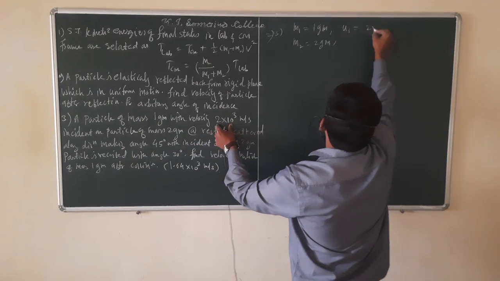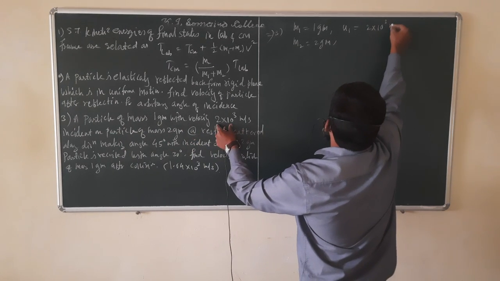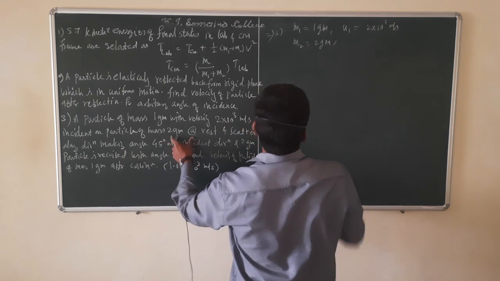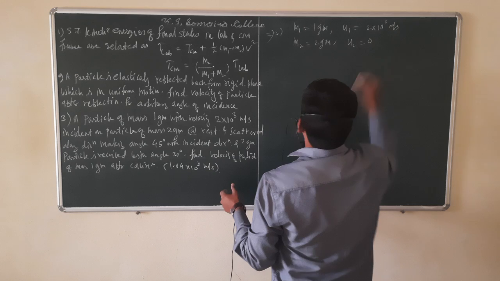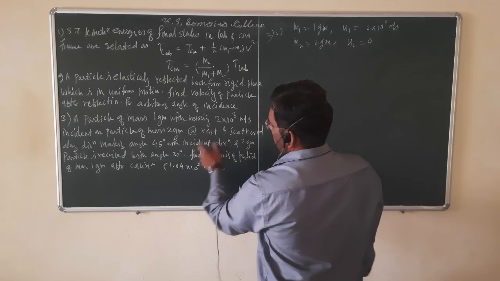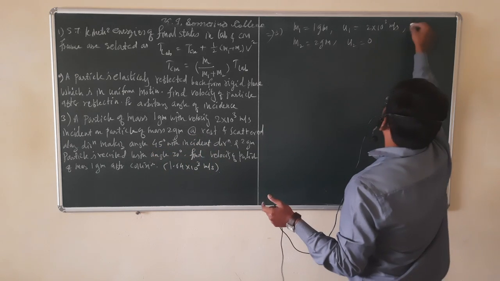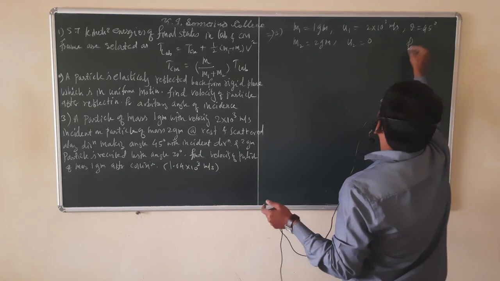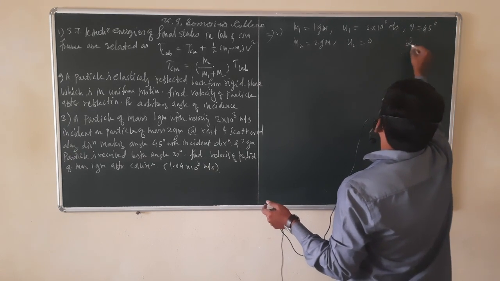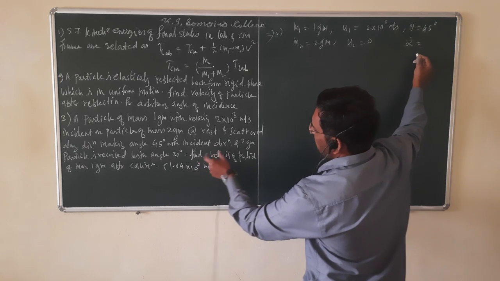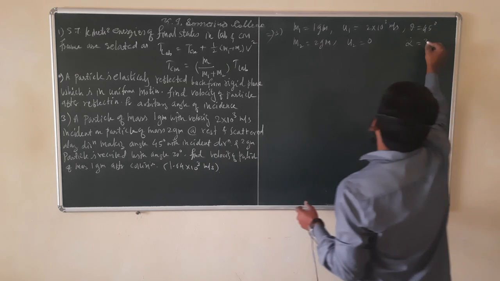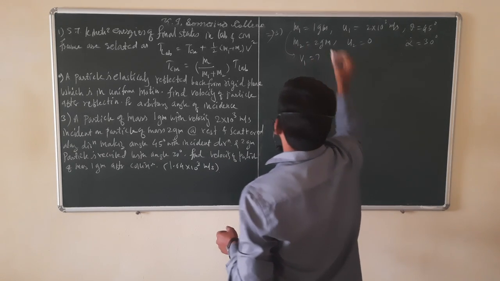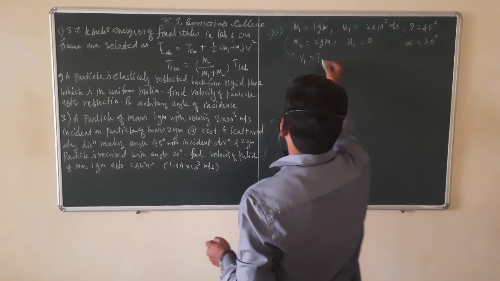That velocity is 2 into 10 raised to 3 meter per second, and u2 is for the second particle which is at rest. The angle of scattering is given as 45 degree, and the angle of recoil, alpha, is 30 degree. Now we have to find the velocity v1 of the first particle.